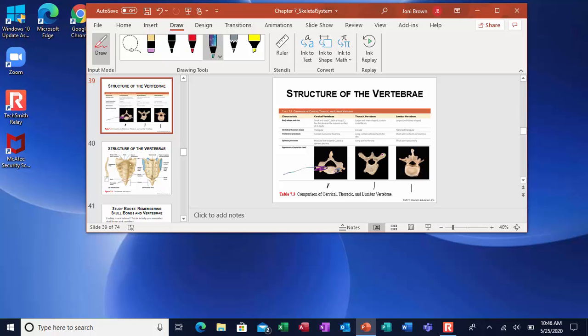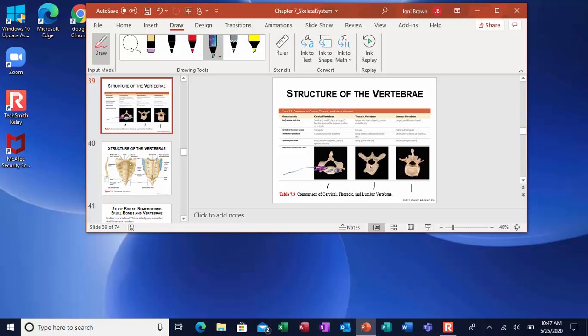Those are in the 7 cervical vertebrae, and that's for the blood vessels that go to the brain. You can also see how the body is very small here, and the transverse processes don't stick out a lot, and the spinous process sometimes is actually bifid or branched in some of them.